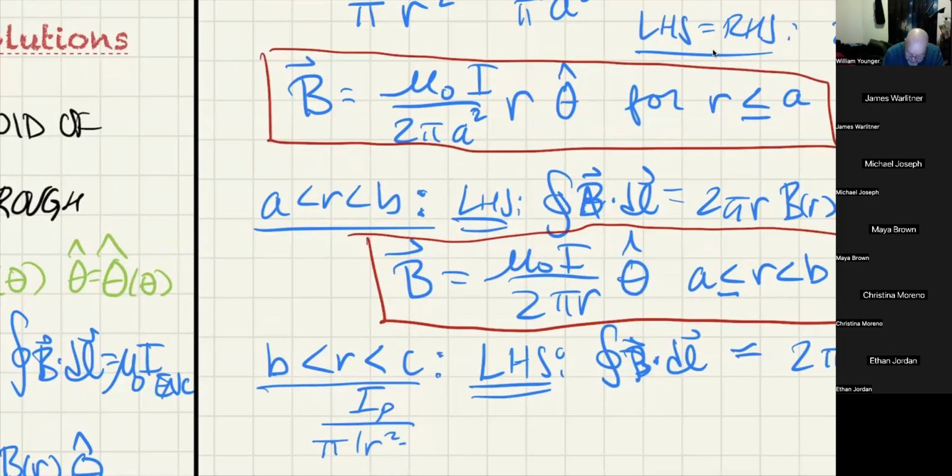So in this case, I'm going to say the part that I'm going to be subtracting is IP, and that's over pi R squared minus B squared, because obviously there's no current flowing for R less than B, but that has to be equal to I over pi C squared minus B squared, because that is the constant uniform current density J.